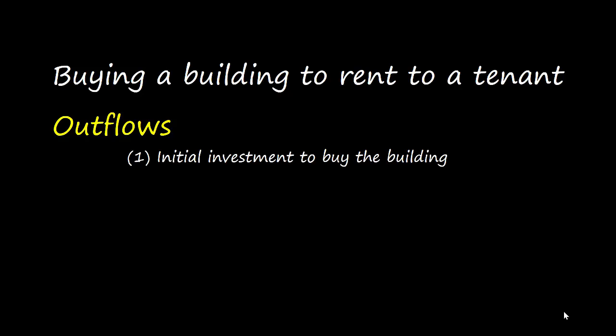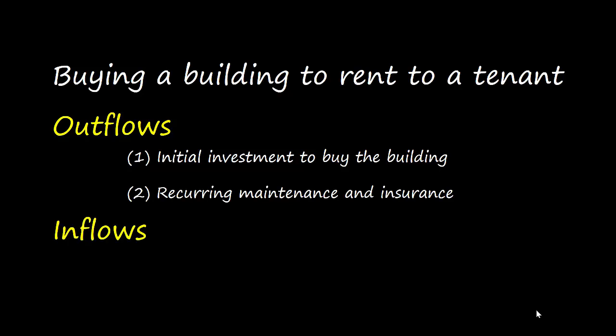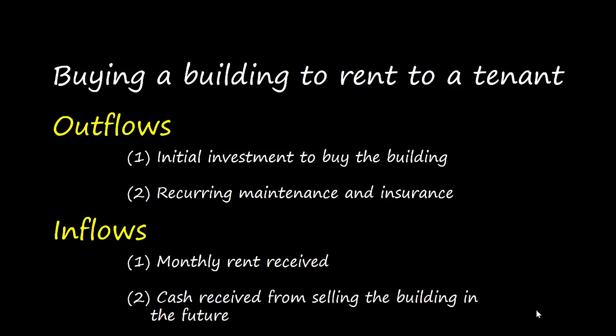Each year, I'm going to have additional cash outflows for recurring costs. These costs might be maintenance of the building and insurance for the building. Hopefully, I am also going to have cash inflows. This would include any cash I receive each month from renting the building to tenants. Another cash inflow may come from selling the building sometime in the future, when I no longer want to rent it out to tenants.